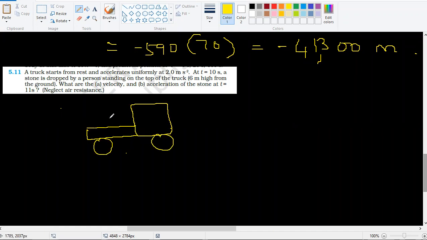So let's say that's my truck, and somebody is standing on top of the truck, 6 meters high from the ground. What are the velocity and acceleration of the stone at time t is equal to 11 seconds?